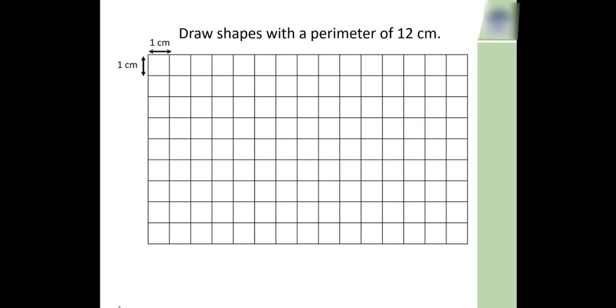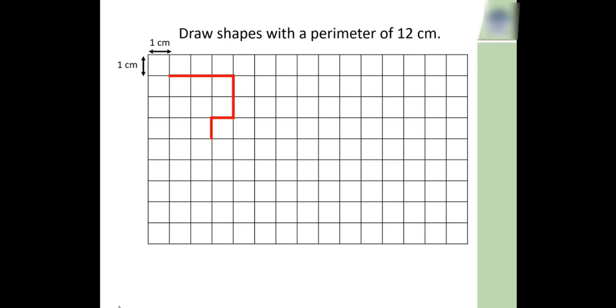We can use a grid to draw shapes with a specific perimeter. Here we're going to draw shapes with a perimeter of 12 centimetres. Let's start. 1, 2, 3, 4, 5, 6, 7. Notice how I'm drawing straight lines and I'm thinking about the running total of my perimeter.